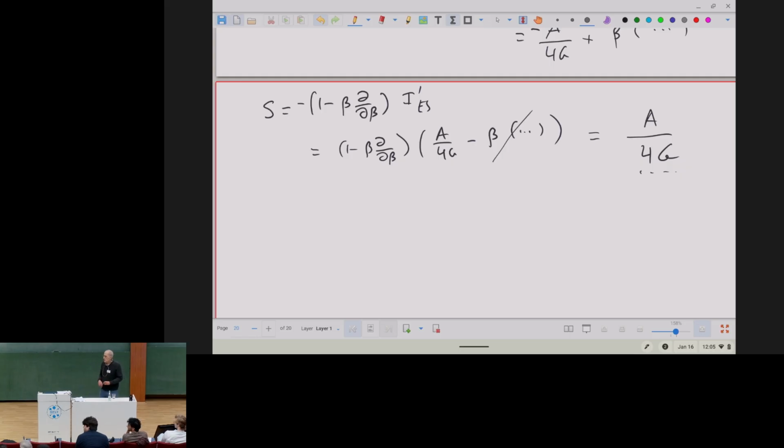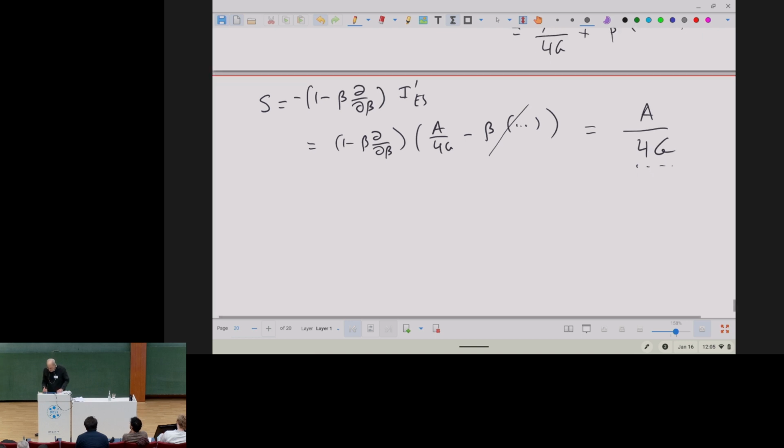Yeah, I wanted to ask what happened with the entropy from outside that was added to the generalized entropy to fulfill the second law. Well, the question is about the following. The generalized entropy is A over 4G plus S out. And here we only discussed the classical piece, not S out.